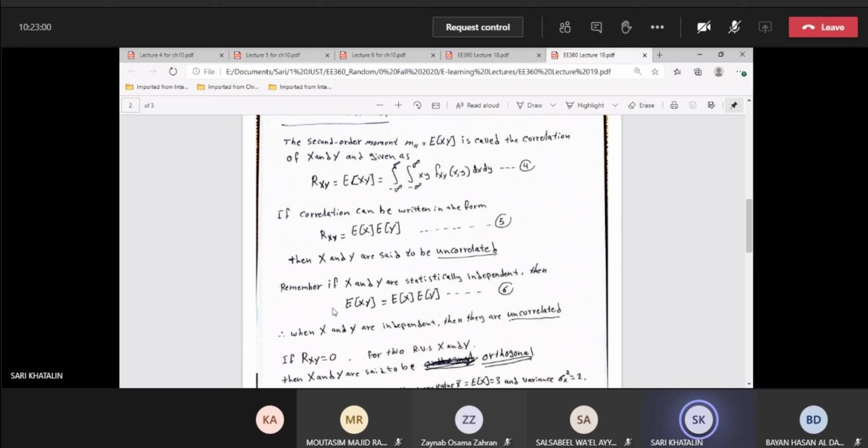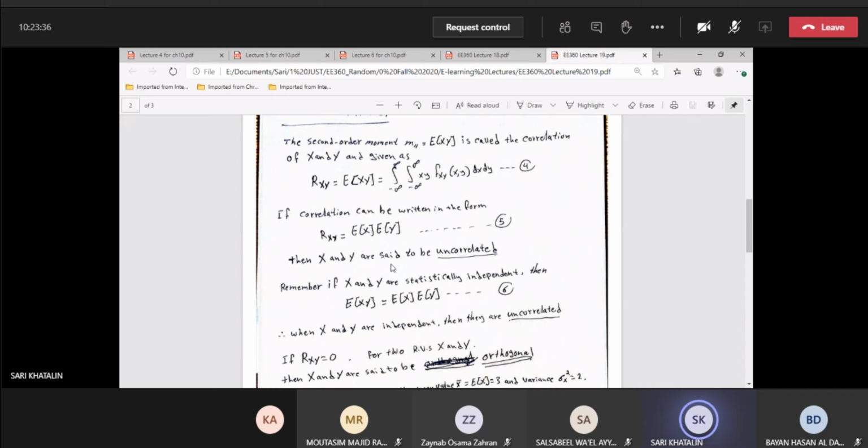Now, if x and y are independent, then the correlation can be written in this form, where you take the expected value of x times the expected value of y. If x and y are independent, it means we can write the expected value of x times the expected value of y, and in this case x and y are said to be uncorrelated.